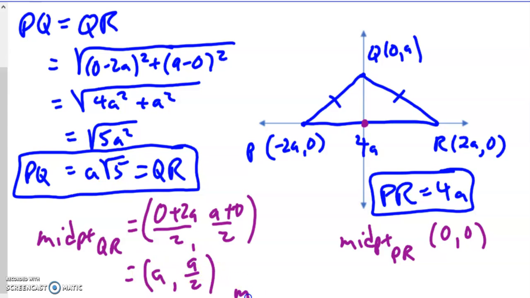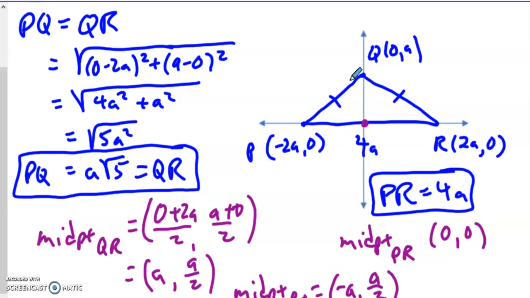And hopefully you realize when we then find the midpoint of PQ, which has the same length, they are congruent, but now I'm in the second quadrant, so one of my variables, specifically x, turns negative. So that would simply turn the x value of your midpoint from QR negative, and your y value would still stay the same. However, you're more than welcome to actually do the midpoint formula with that as well.